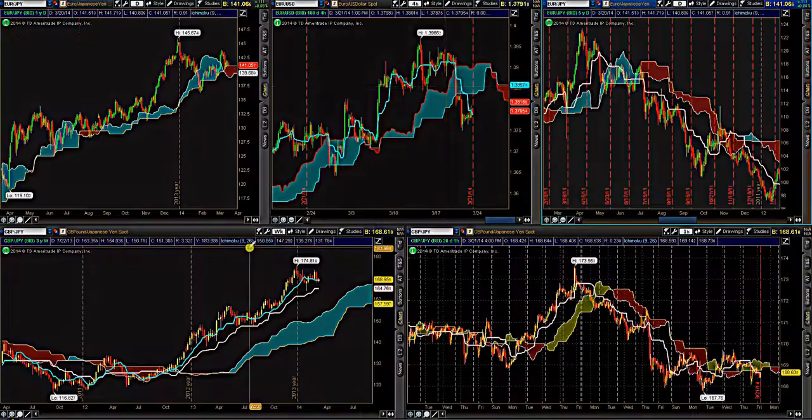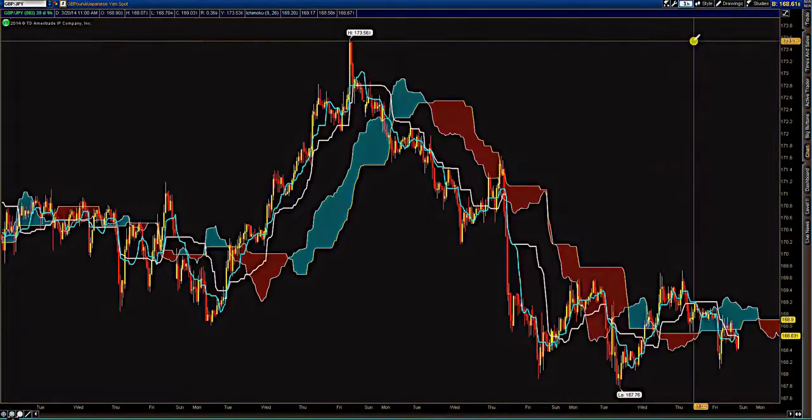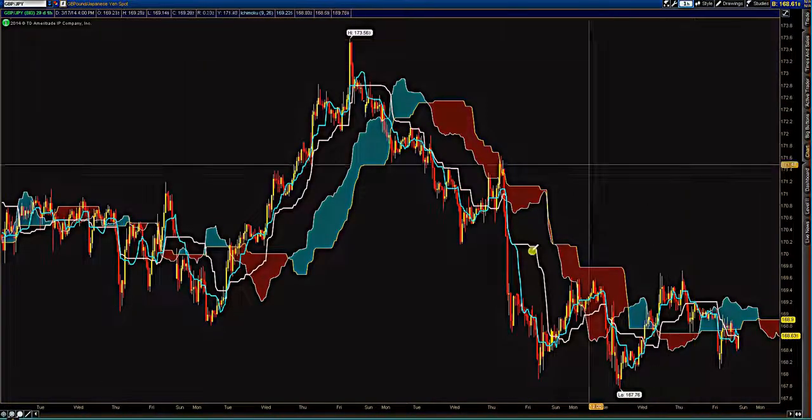Now let's combine the Tenkan and the Kijun. This is a very popular method of trading, similar to using a death cross or a golden cross with the moving averages.